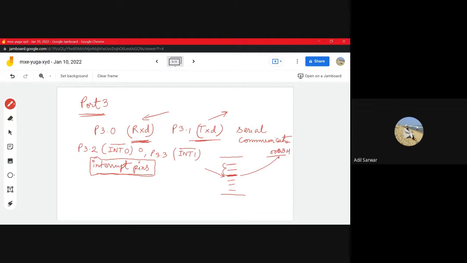Now it starts executing from whatever is written here, and it goes on executing until it encounters the final command, end, and then it returns back to the next address. This set of instructions is called the interrupt service routine.